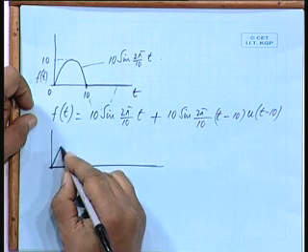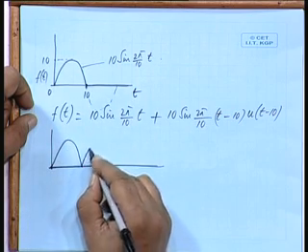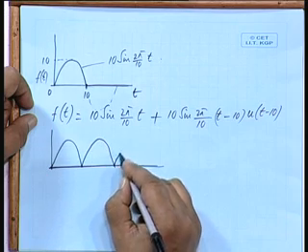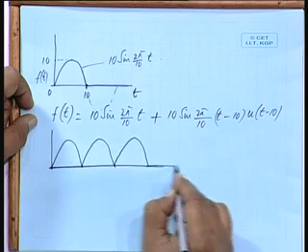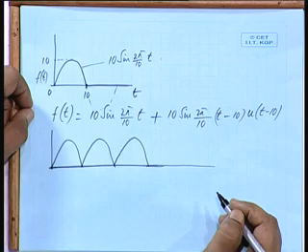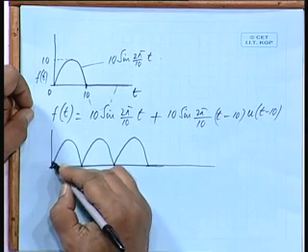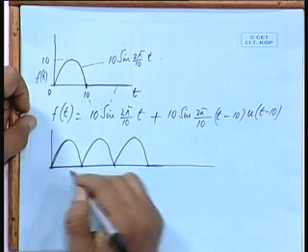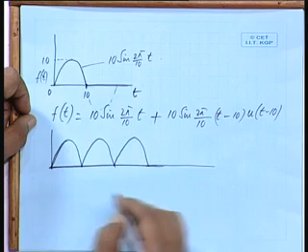Therefore, if I have a repeated function like this, what is it actually? Rectified full wave rectifier output, rectified sine wave. So, what will be the expression for this?